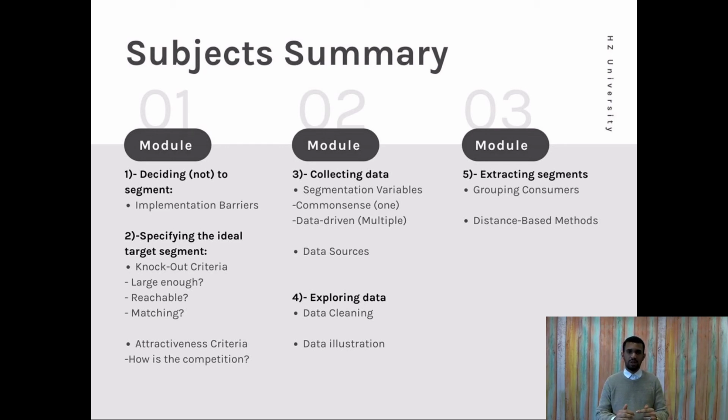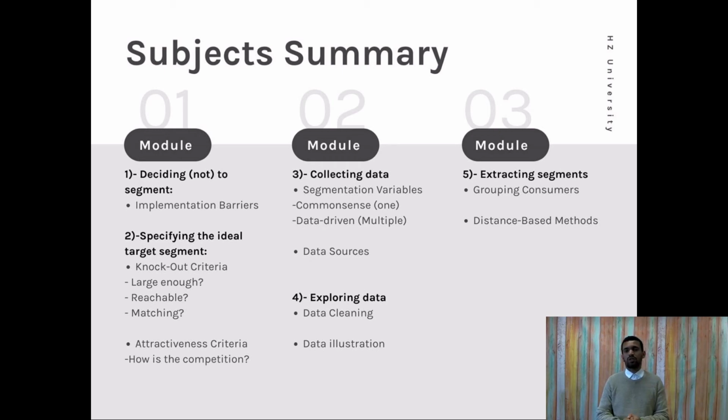In the distance-based method, we see what the distance is between one consumer and another. Are they closely related to each other, or do they have different behaviors and different atmosphere, and their lifestyle is totally different? So it's very important to measure the distance between one consumer and another. So this was a summary of modules 1, 2 and 3.